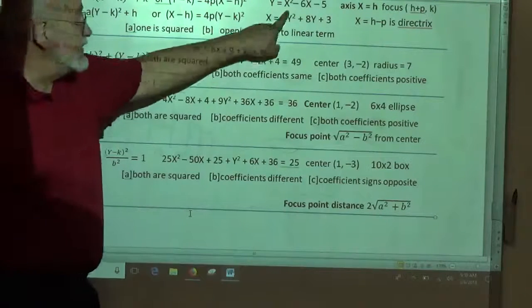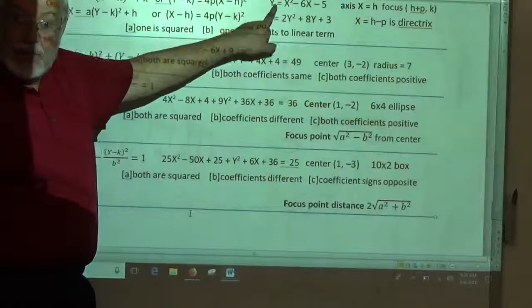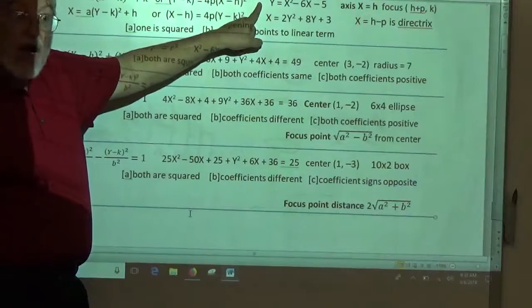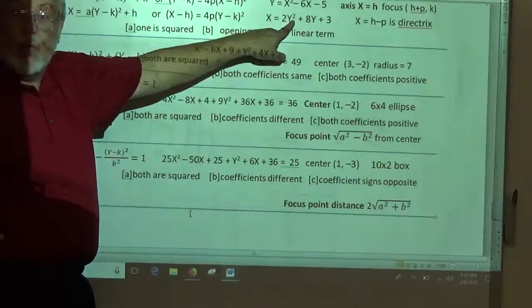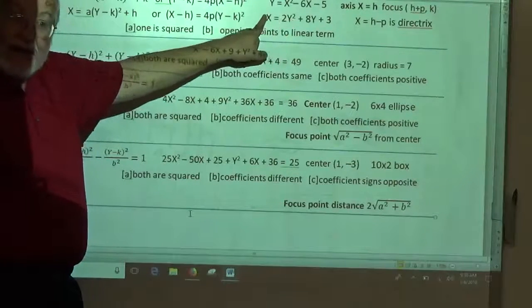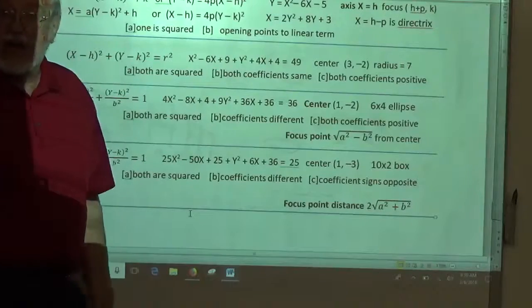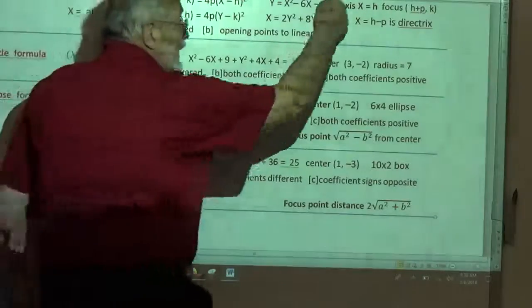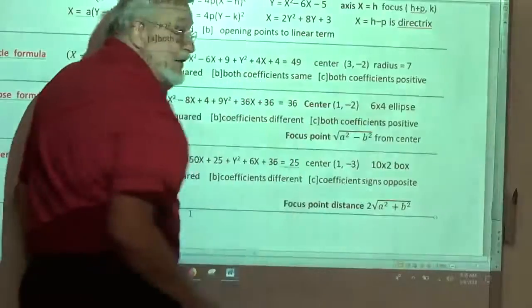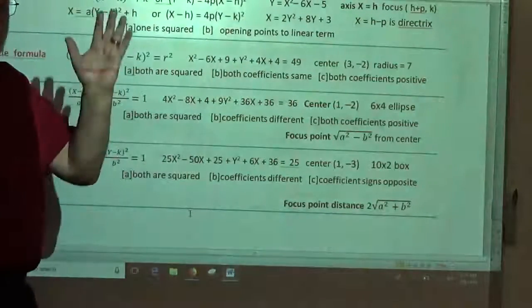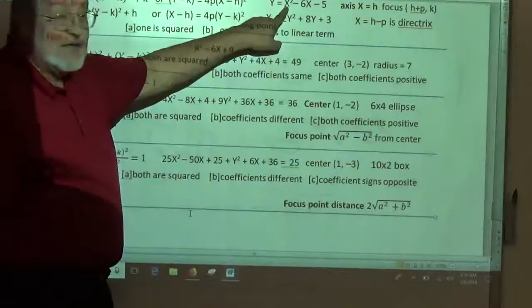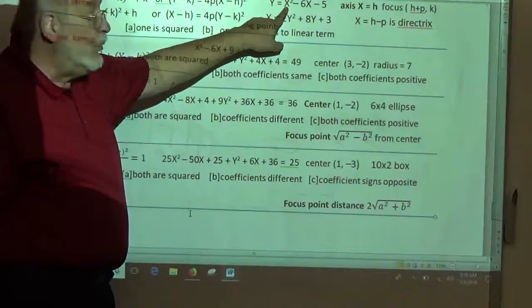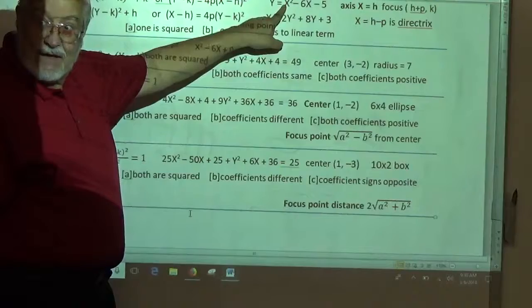It has an x squared here, but the y is to the first power. If I gave the y squared here and an x to the first power, I would have a parabola that instead of going like this, would be going sideways. The open end points toward the positive when this is positive, and toward the negative when this is negative.